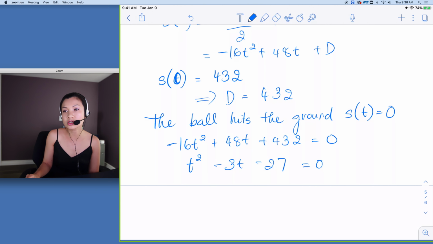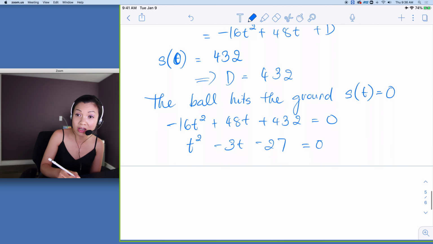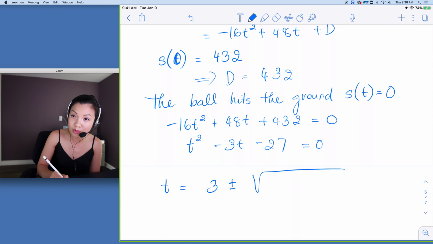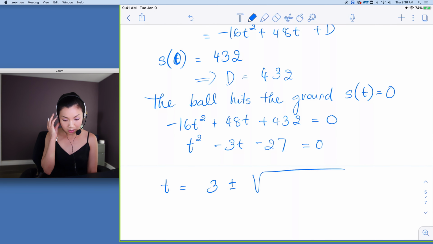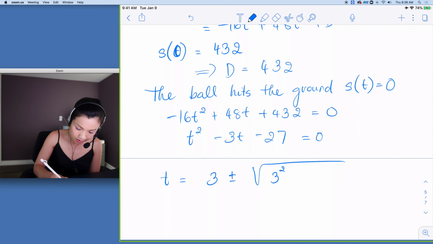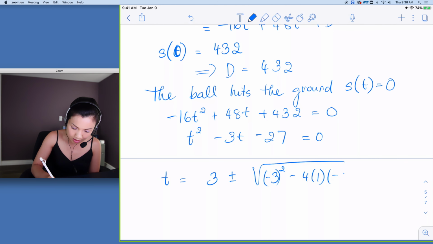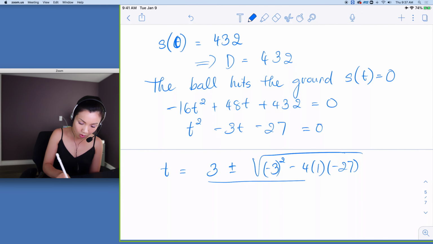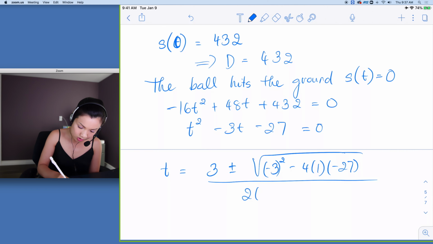So I'm going to just go ahead and use the quadratic formula. So t is going to be 3 plus or minus the square root of b squared minus 4 times negative 27, over 2 times 1.